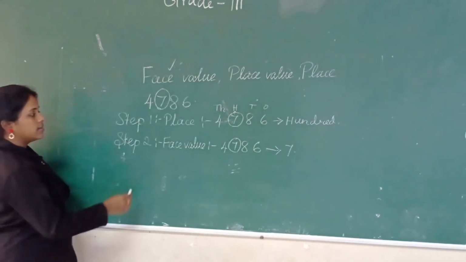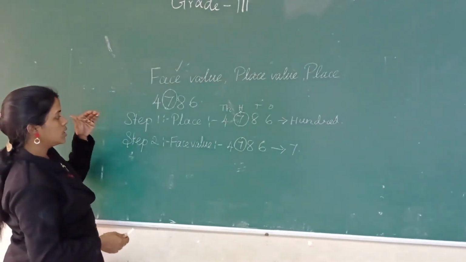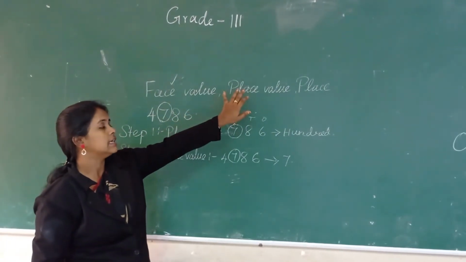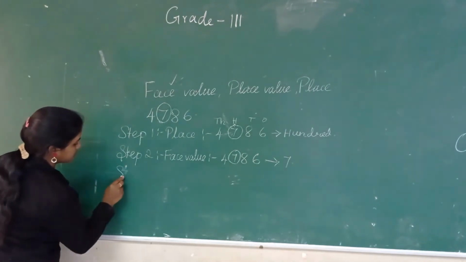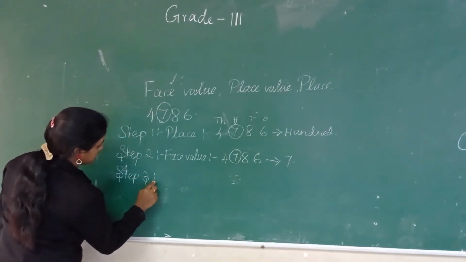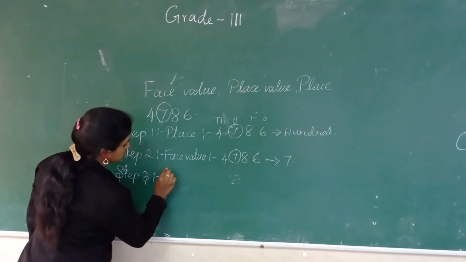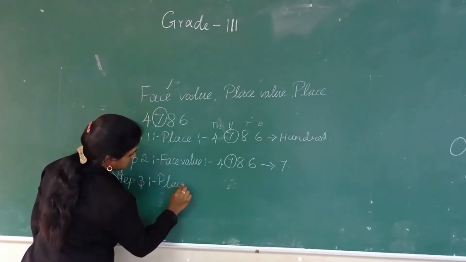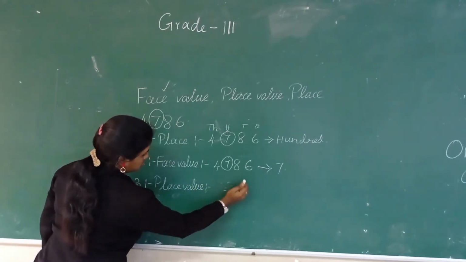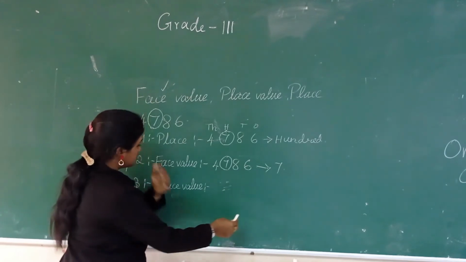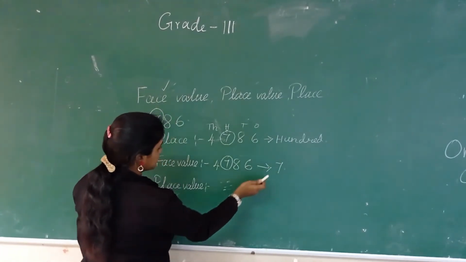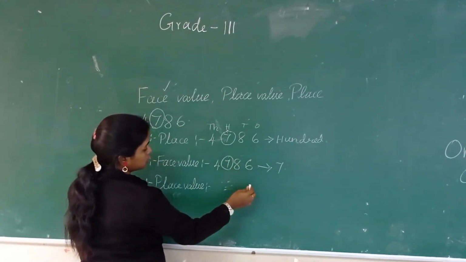Finally we have found the place and face value of the number. Finally we have to find the place value of the number. Step 3, place value. Here you have to put these two, place and face value, together.